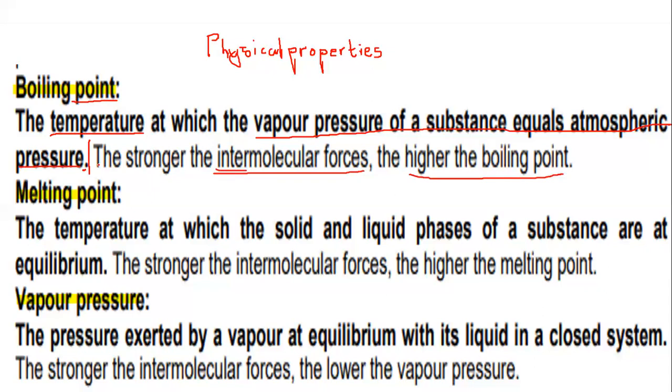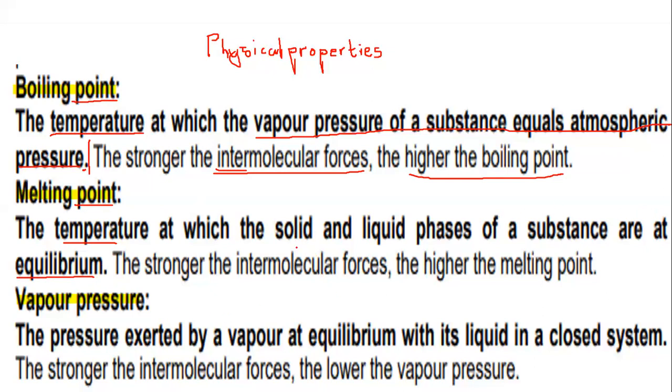Then we have the definition of the melting point. Now, firstly, we can see that it is a point. In other words, it is a particular temperature. It is the temperature at which the solid and liquid phases of a substance are at equilibrium.